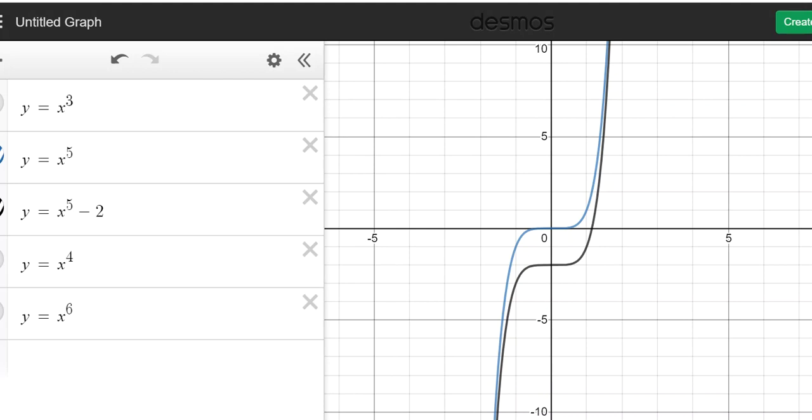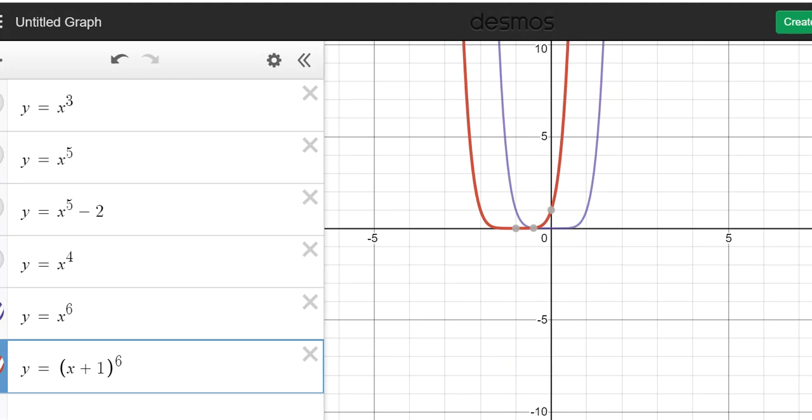And you'll notice that, again, these are basically the same shape, except the black line got shifted down 2 units, and that's because of this number right here, that minus 2. And we've talked about this several times this year about patterns and graphs, and I just want to show you that these patterns are going to happen with these polynomials. So that minus 2 shows a vertical shift of down 2.